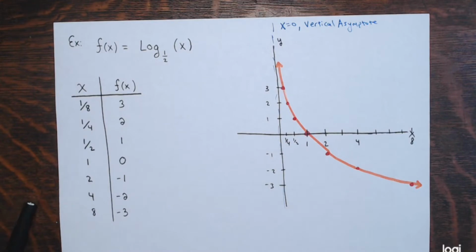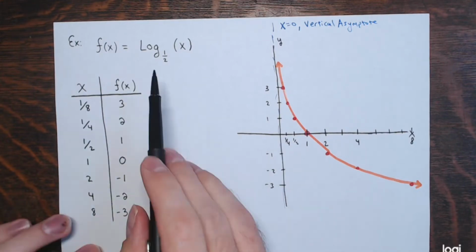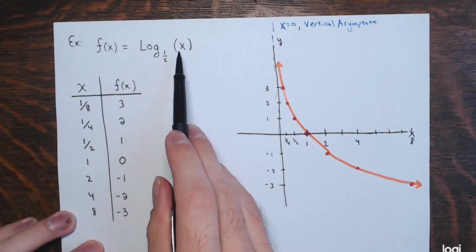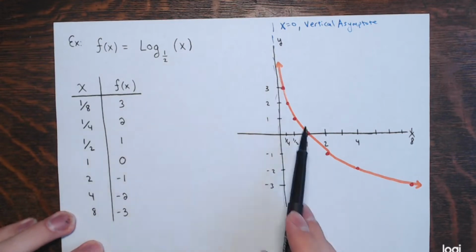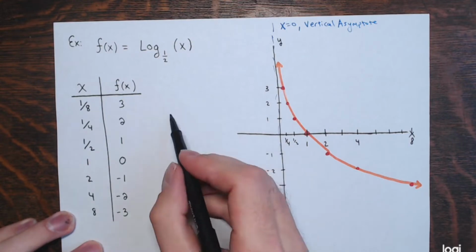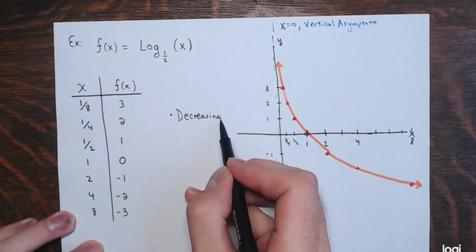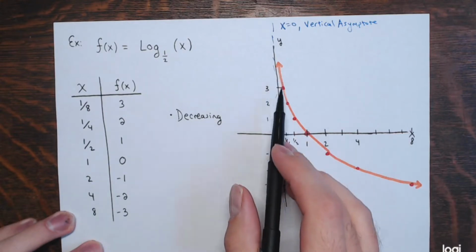All right, now look at this. When the base of the logarithm was a half, log base a half of x, we have a decreasing function. Right? As I move to the right, the value of y is going down.